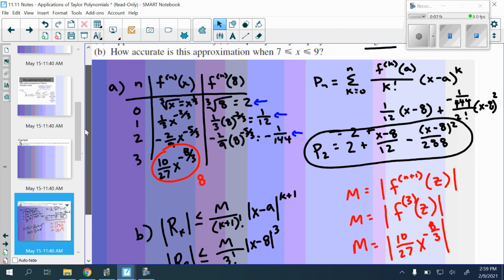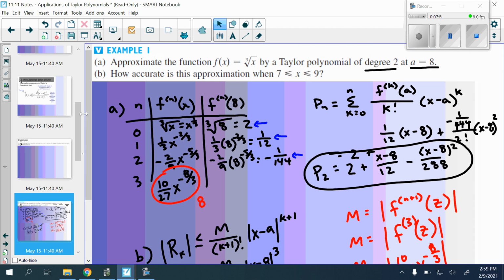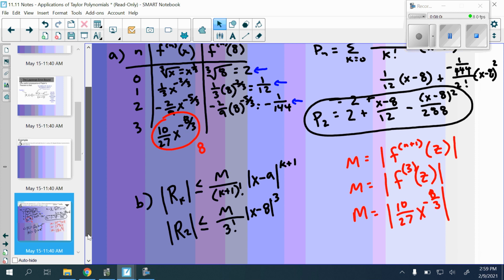If we go back up, they said, where is it biggest from 7 to 9? So on that interval, where is this value going to be the biggest?